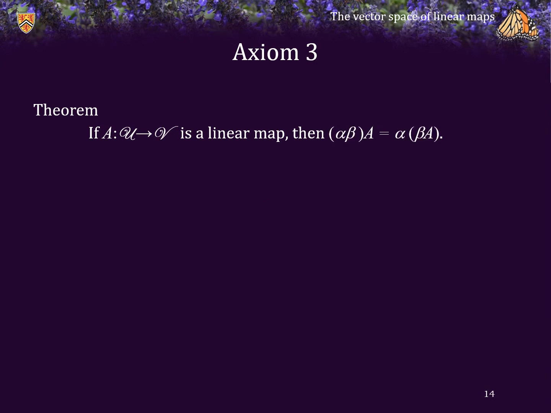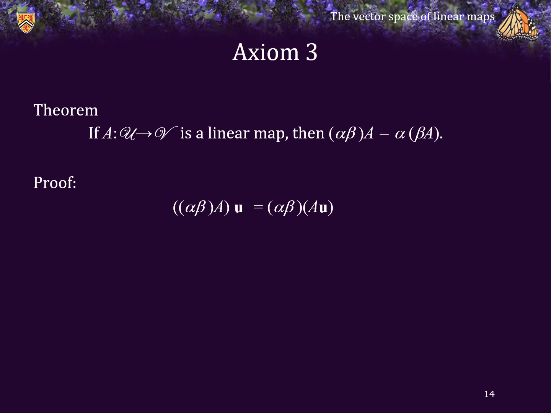Next theorem. If A is a linear map mapping a vector space U onto a vector space V, then a product of scalars alpha beta multiplied by A is equal to alpha times the operator that results from beta times A. Proof.